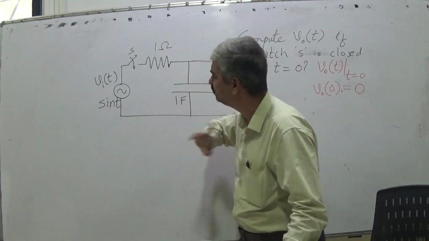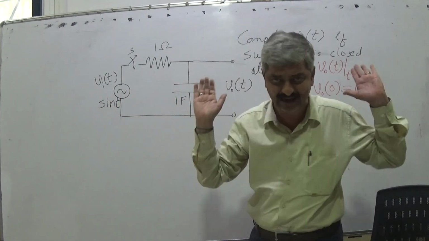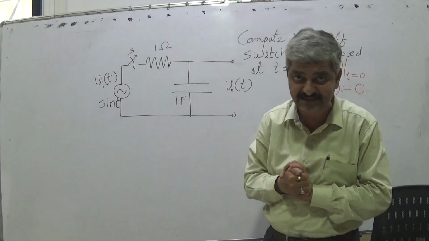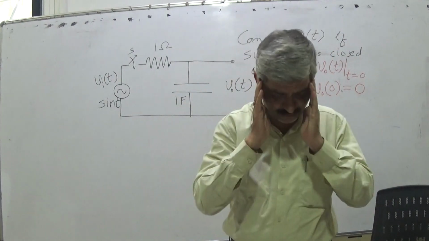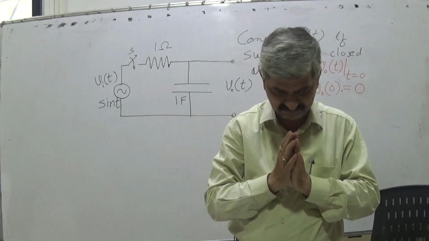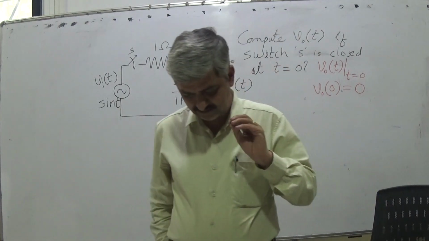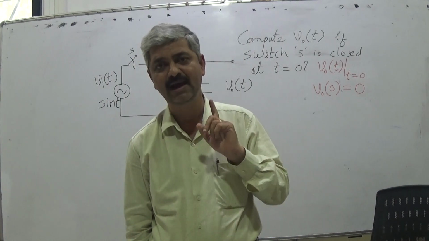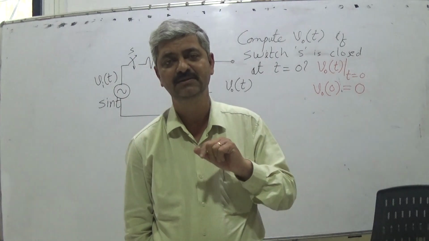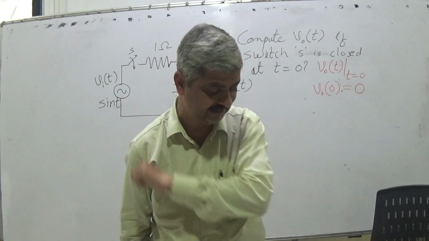Also, omega I don't use, amplitude I don't use. Very simple, I keep it as simple as I can. Right? So now I am trying my level best to get a solution from your end.